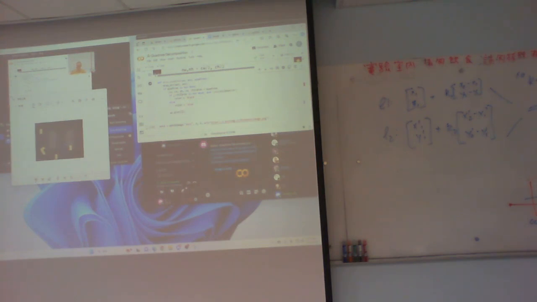First line horizontal, so that would be CX, vertical, CX, CX, CY, CY, CY plus CH, color is equal to color.